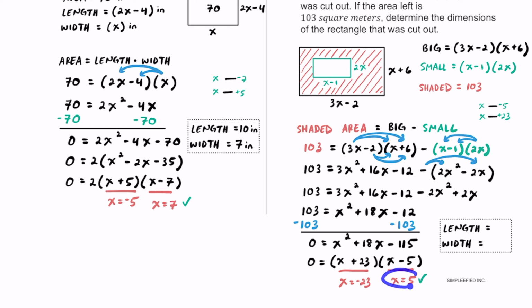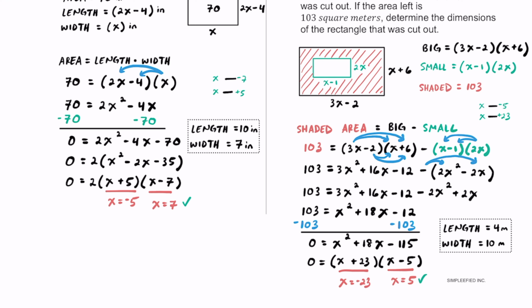If we substitute 5 in for the length here, this would be 5 minus 1, which is going to be 4. I think we were talking about meters here, so this would be 4 meters. I'm going to call that my length. And let's take this width. Let's use this 5 and plug it in here for the width. That's going to be 5 times 2, which is 10, so that's going to be 10 meters. So the dimensions of that smaller rectangle are going to be 4 meters by 10 meters.